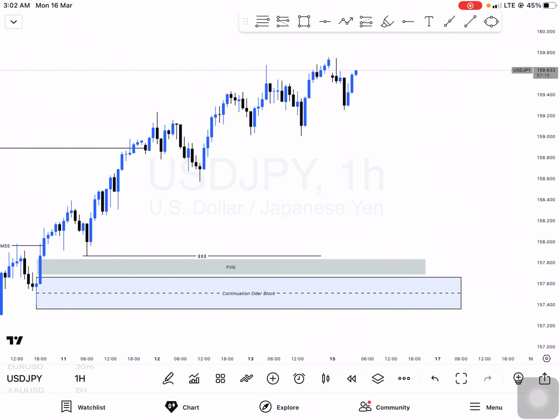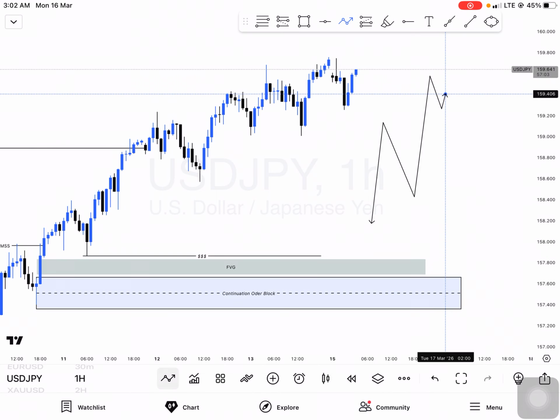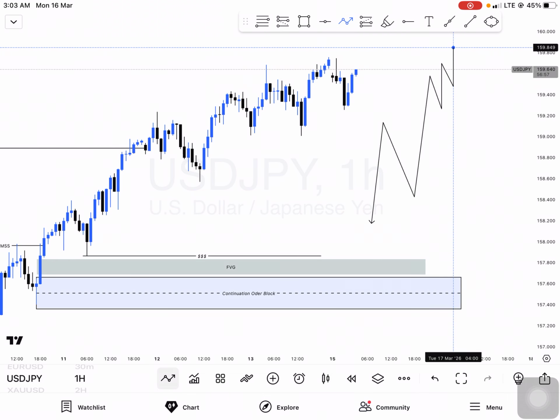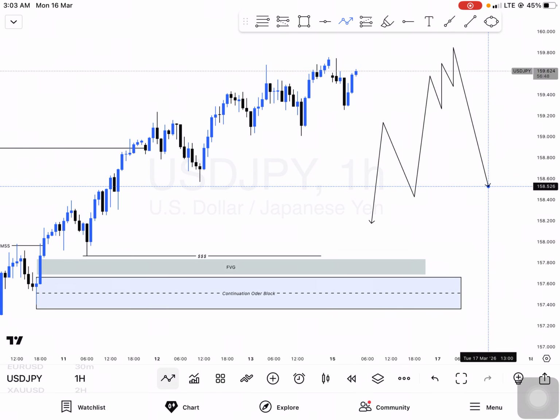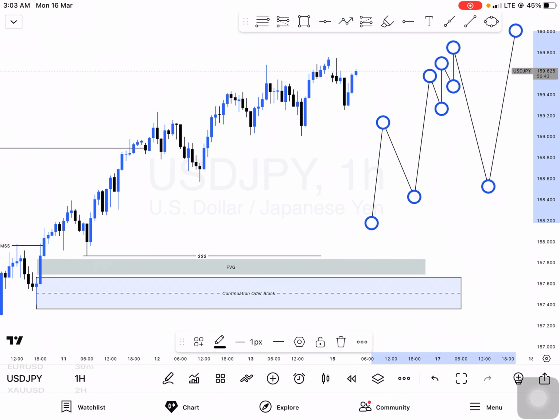Okay, let me tell you this thing. In market structure shift, when markets break structure to the upside this way and you see choppy movements like this, choppy breaks of structure to the upside, remember, markets will come to take all these choppy breaks of structure to the downside as liquidity before the overall movement to the upside. That is what we are seeing on USDJPY on the 1-hour time frame.